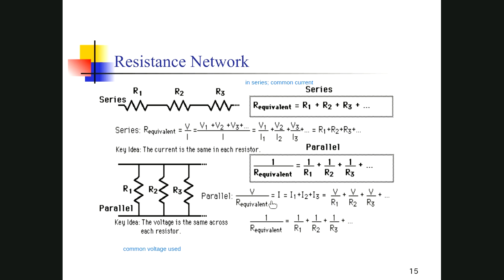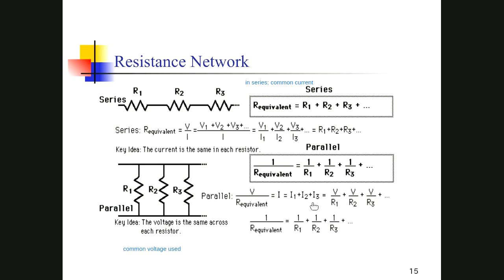So the total voltage over the total resistance is the total current. The total current is current 1, current 2, current 3 and so on added together, like branches: branch 1, branch 2, branch 3, and so on. The current added together is the total current, and the total current is the total voltage over the total resistance.